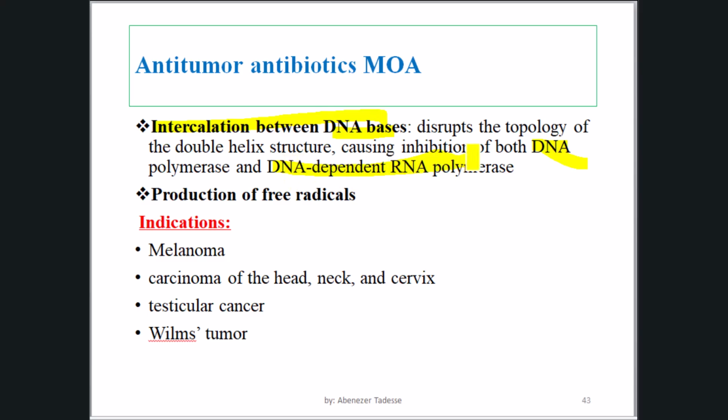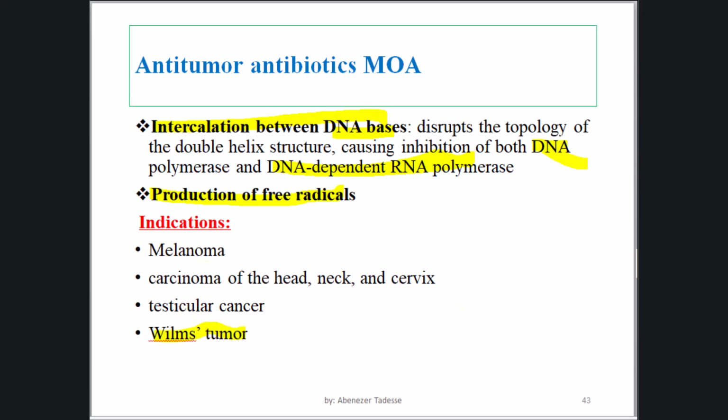The other one, as I mentioned, is production of free radicals through formation of a complex with iron. They become reduced, so they can result in reactive oxygen species production and mitochondrial damage. This also can cause cytotoxic activity on the cell, besides its adverse effect. Indications include skin cancer and Wilms tumor, especially kidney cancer.